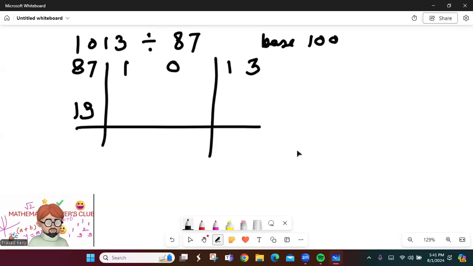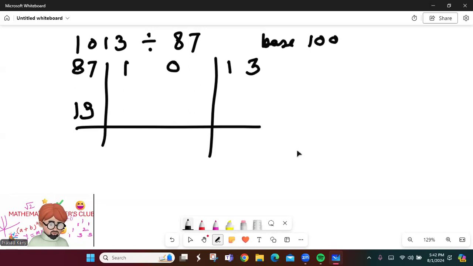Keep it in mind that in flag method as well as Arthur Benjamin method, only the last digit was kept in the remainder column. Now here, depending on the base is 100, last two digits will be in the remainder column. If the base is 10, only one digit will be in the remainder column.